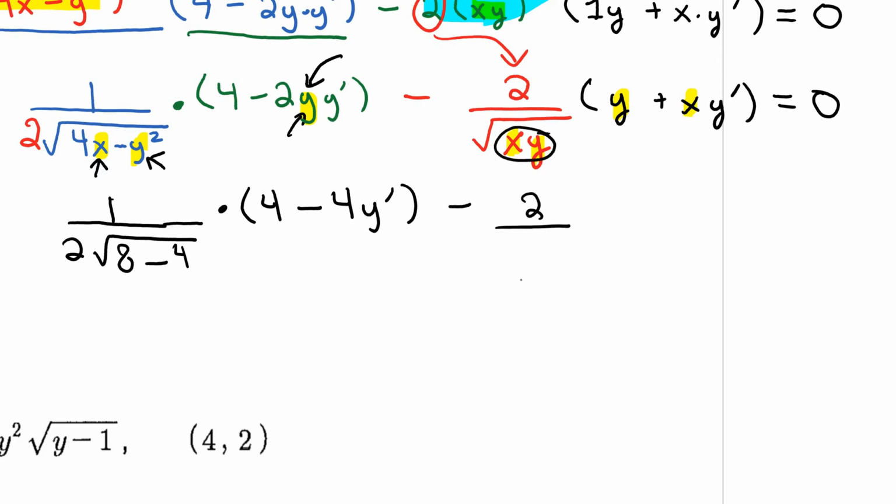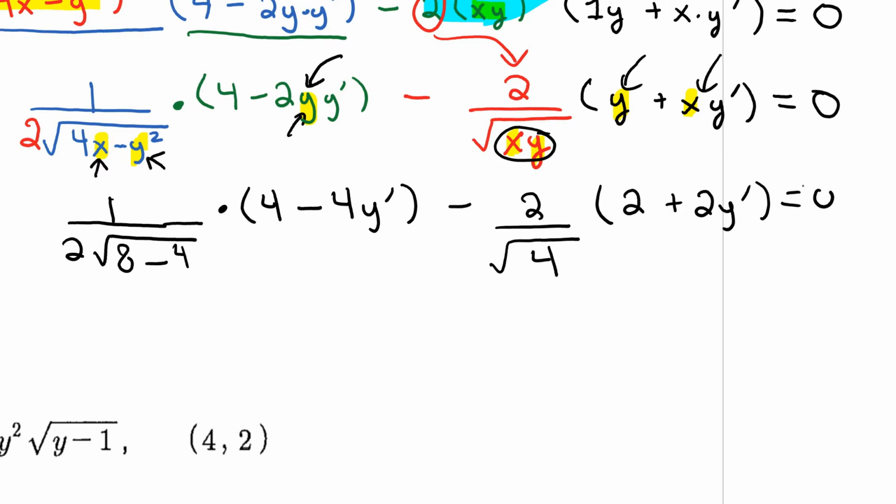Now, if the x's and y's are substituted with 2 and 2, 2 times 2 is going to be 4, bracket, this y will change into a 2, plus this x will change into a 2, so 2 times y prime equals to 0.